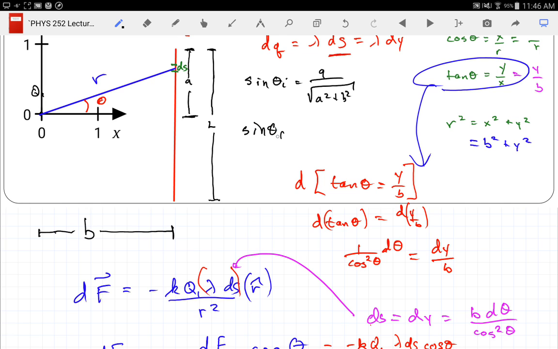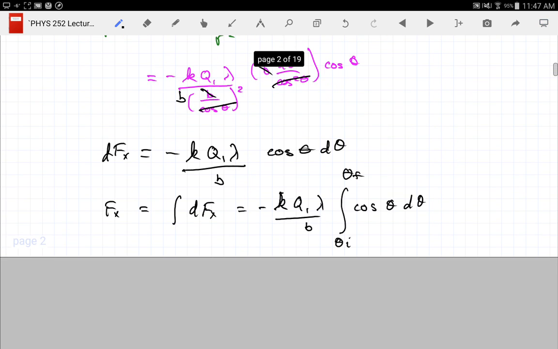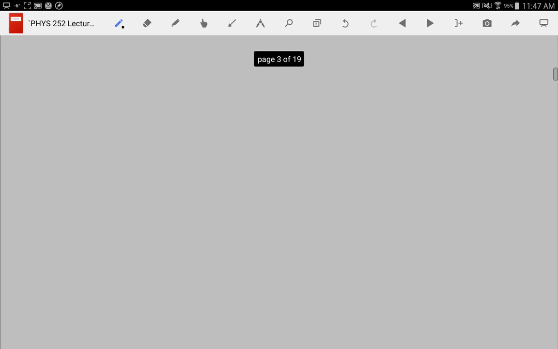And sine of theta final is equal to that. And so then I put those two values in, and I have my final answer.